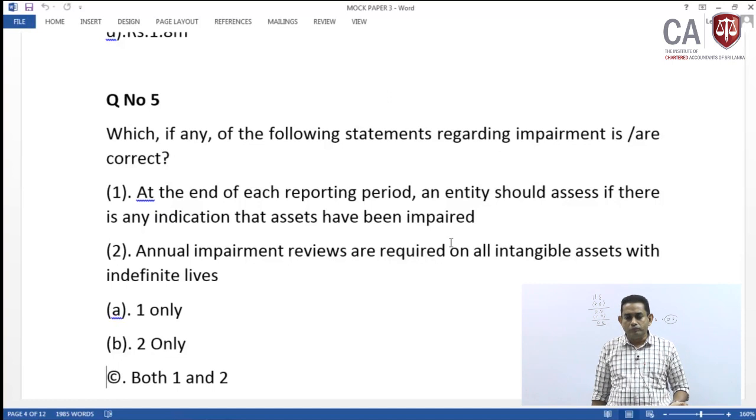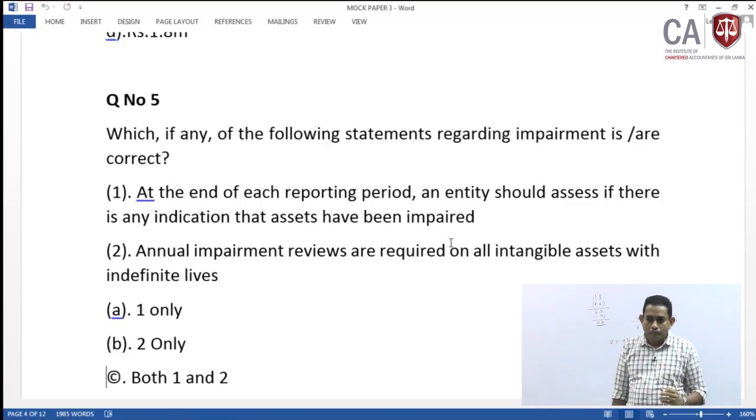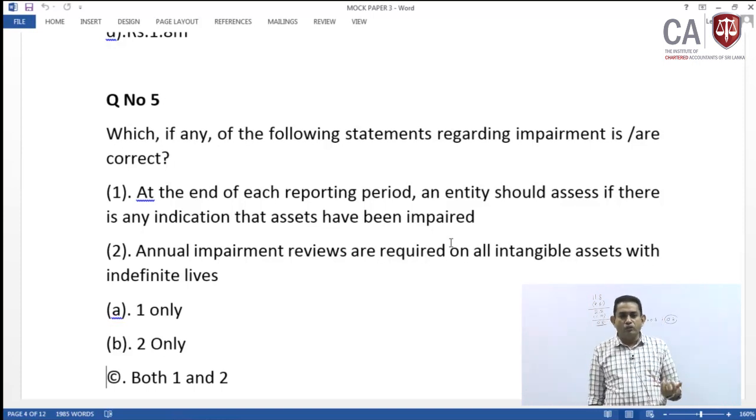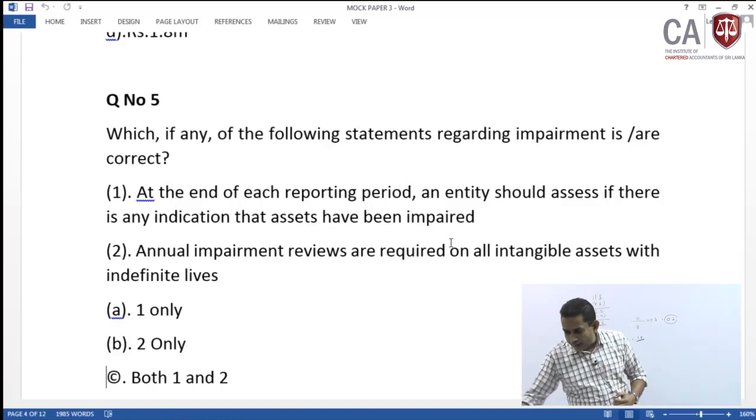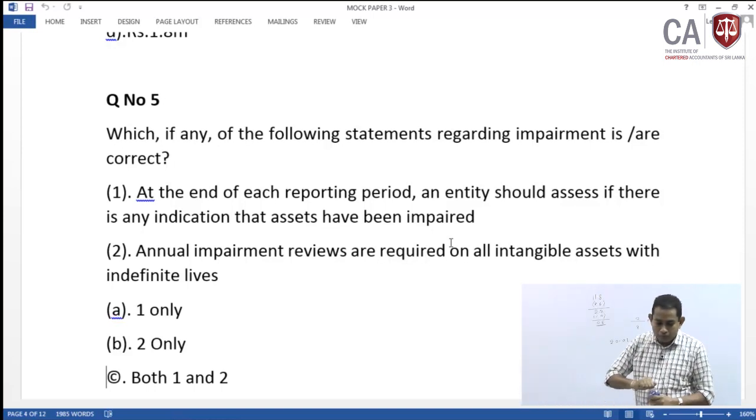IAS 36 says there are three assets that require annual impairment reviews. Goodwill arising in a business combination, and the standards are logical. For every accounting prescription they have given a reason, and you do not get accounting treatment randomly; there are reasons for every accounting treatment.